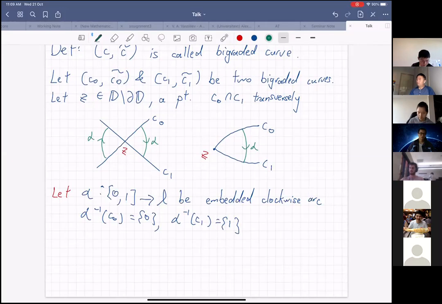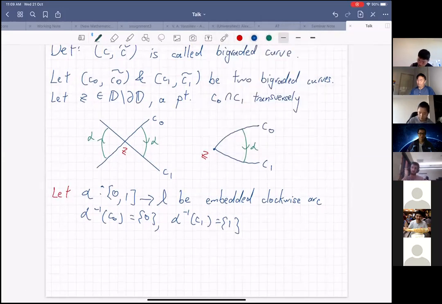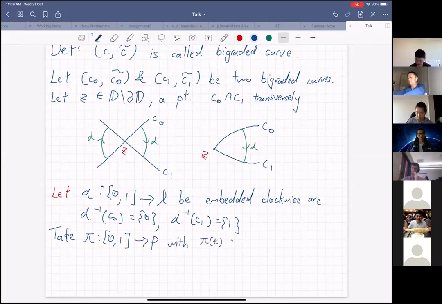Okay, and then what else? So we need to lift to P, right? So now take pi to P with pi t in P alpha t for every t from pi 0.